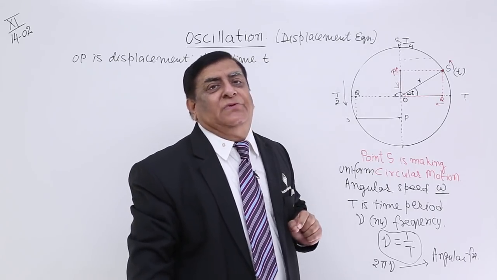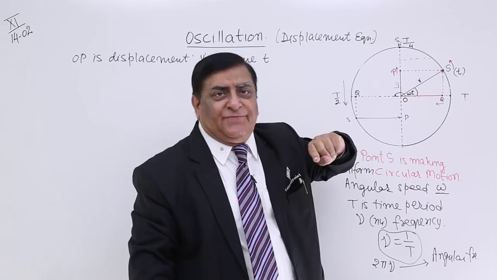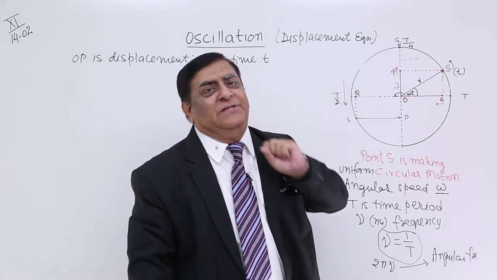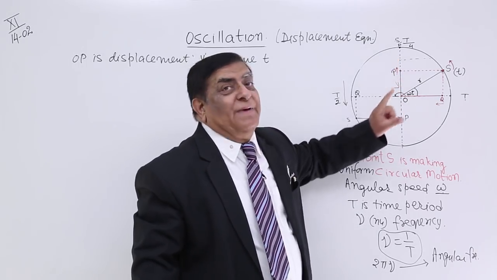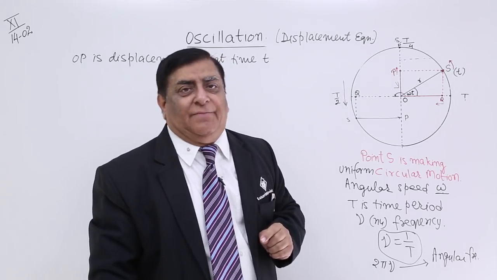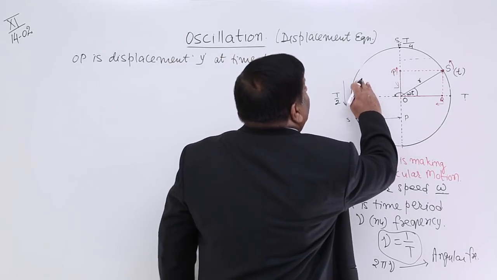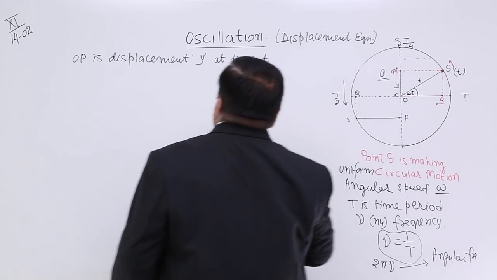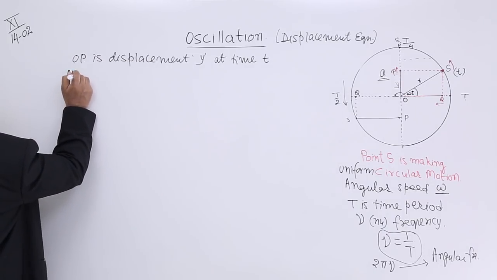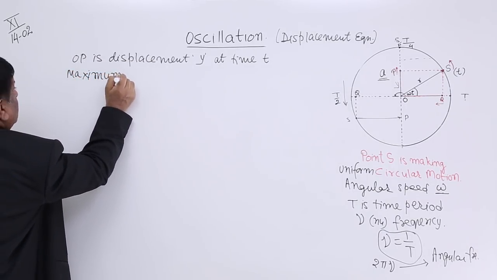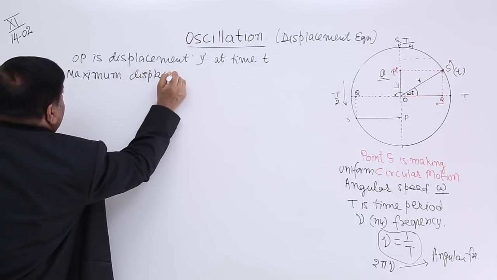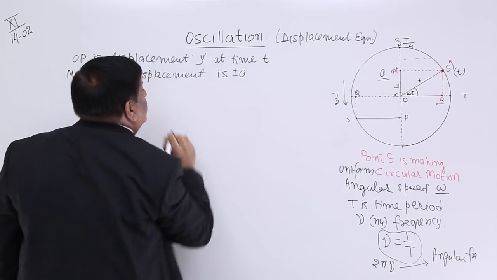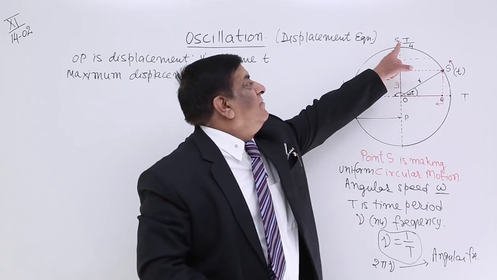We give them separate names. For S, we call it the radius of rotation. For P, it is not doing rotation, so we call it maximum displacement. But this maximum displacement we have given another name: we call it amplitude and give it the name A. Maximum displacement is A. For y, plus or minus: when it is on this side, we call it plus.